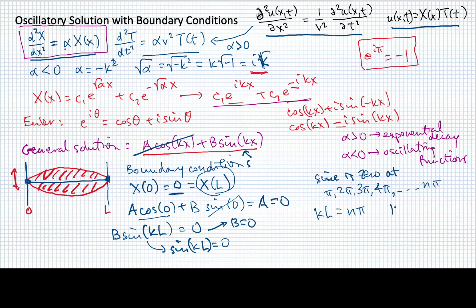Or k is equal to n pi over L. Which means that my general solution for this particular differential equation would be that X of x is equal to b times sine of n pi x over L.